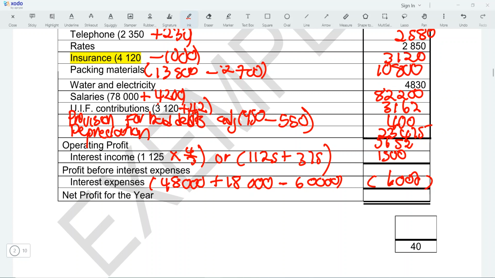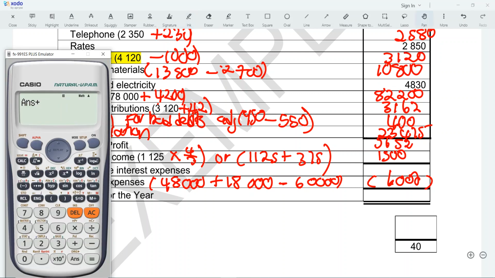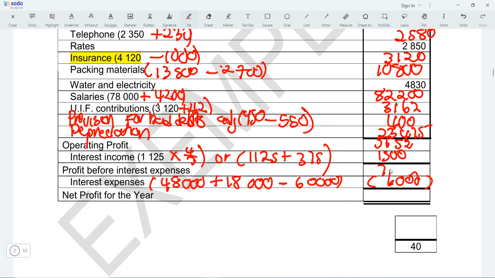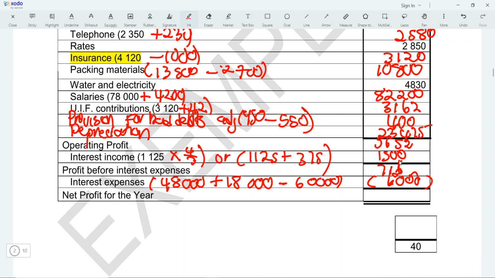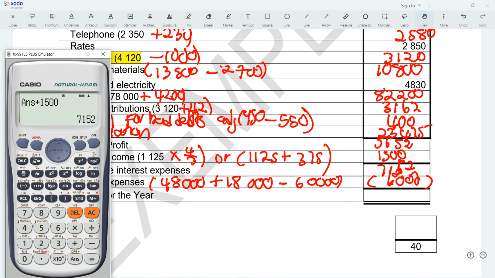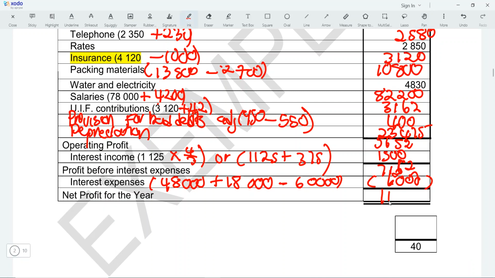It will give us 7,152. So 7,152 then minus 6,000 will give us the net profit, which is 1,152. Then you get closer to your 40, or exactly 40 marks.